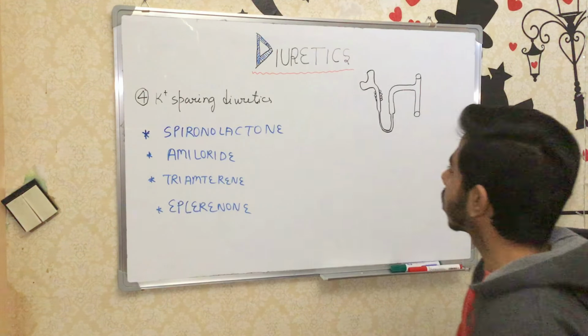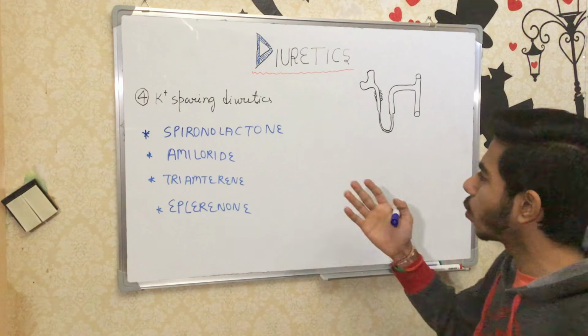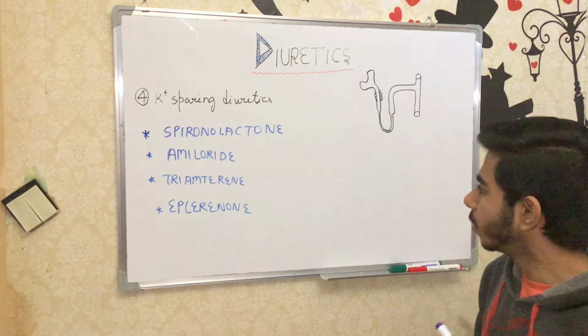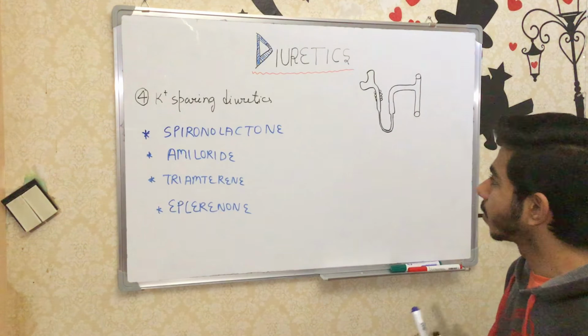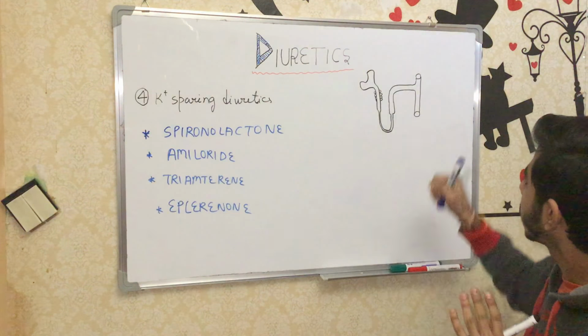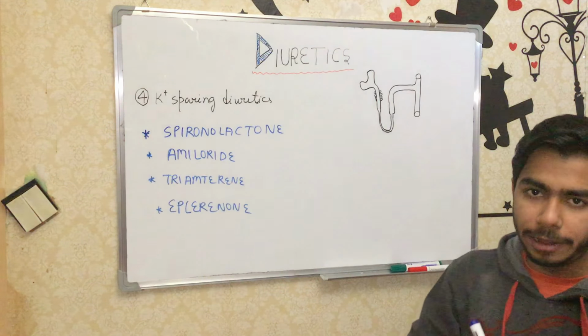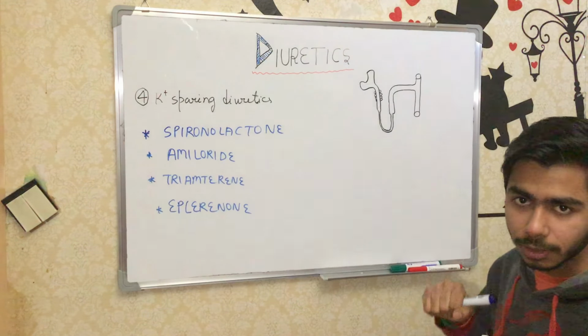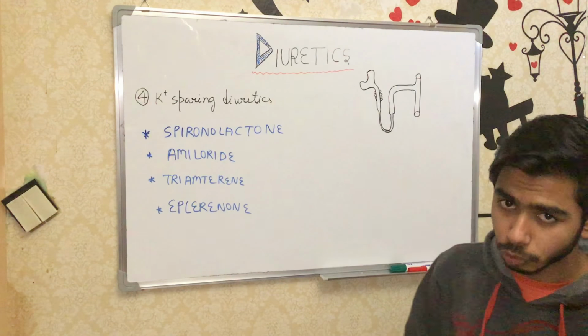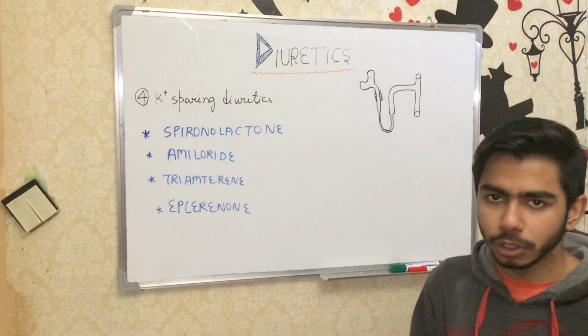So let's talk about how it is interfering with the physiological machinery inside the cells. First of all, potassium sparing diuretics work on the last part of the nephron, that is the collecting duct, where only 1 to 2% of the sodium gets reabsorbed back into the general circulation or blood.